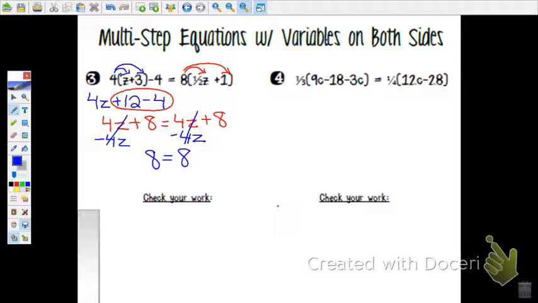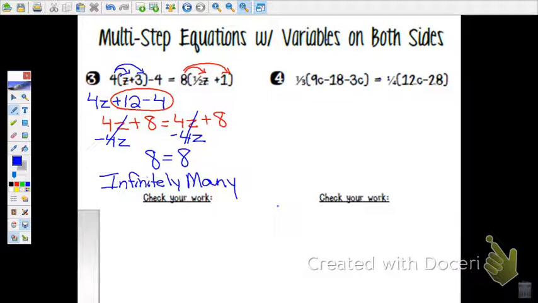When the variable disappears, what I'm left with is a true statement. 8 does equal 8, which means my solution is what? Infinitely many, or you can use all real numbers.